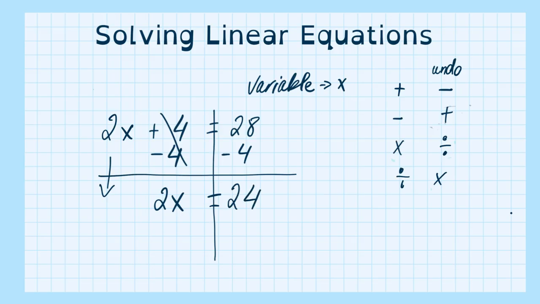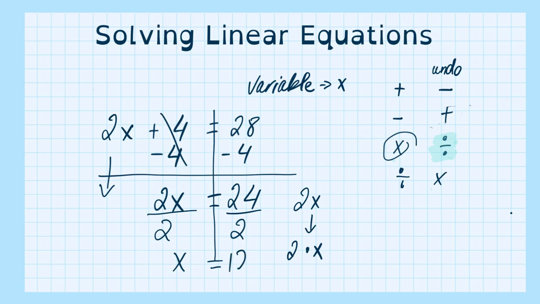All right, here we're going to divide. Obviously, 2x means it's 2 times x. So because it is a multiplication, we're going to divide, right? Okay, so let's go ahead and do that. Divide by 2. And so then x equals 12.